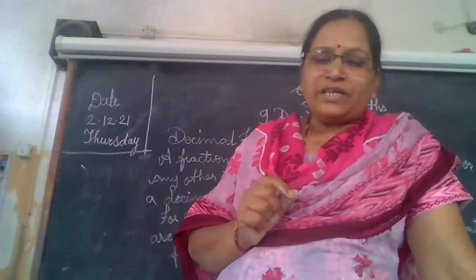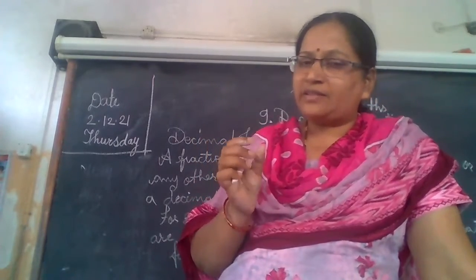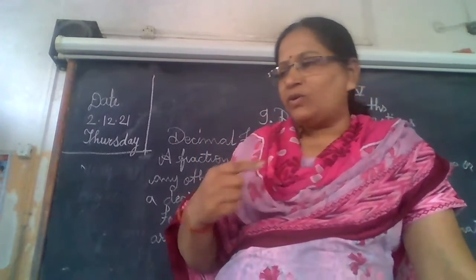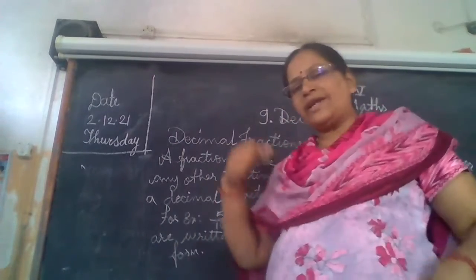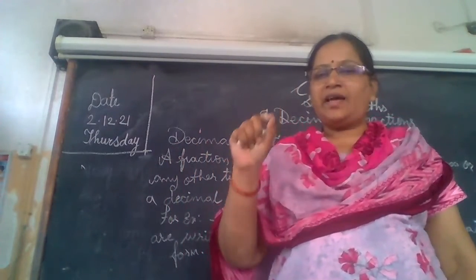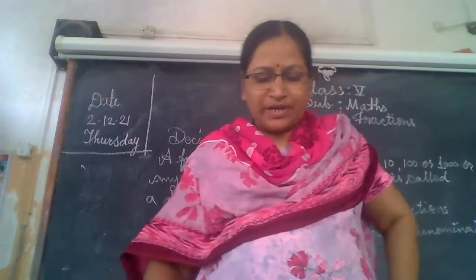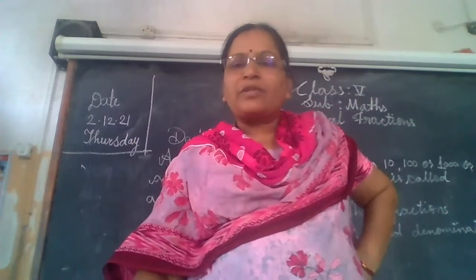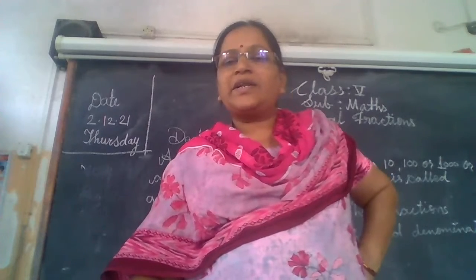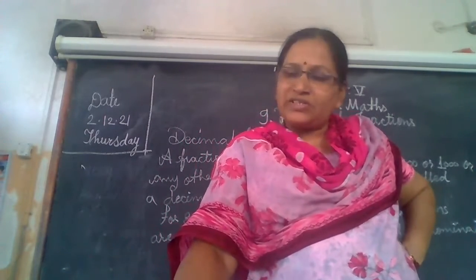Generally in the Indian place value system we see ones, tens, hundreds, thousands, and so on to the left side. On the right side, tenths, hundredths, thousandths. The spelling contains TH, which means it is a fraction.